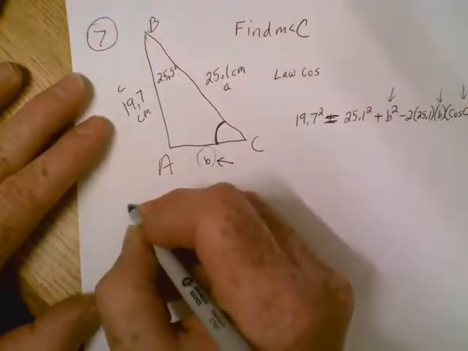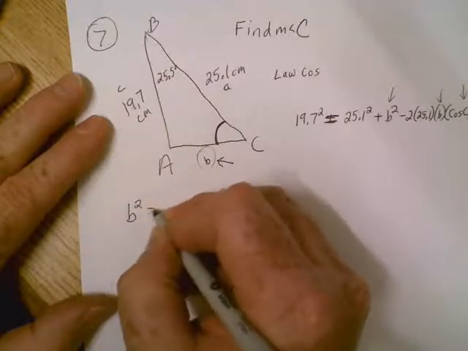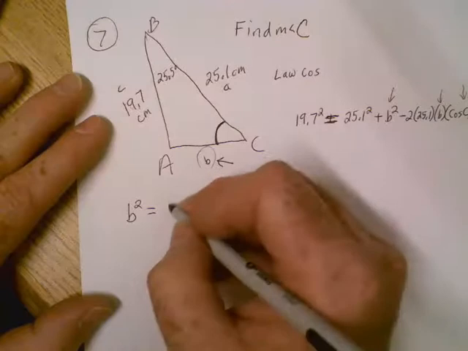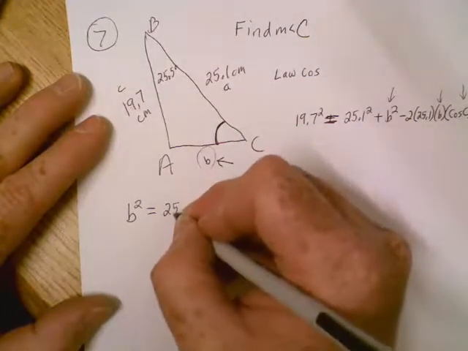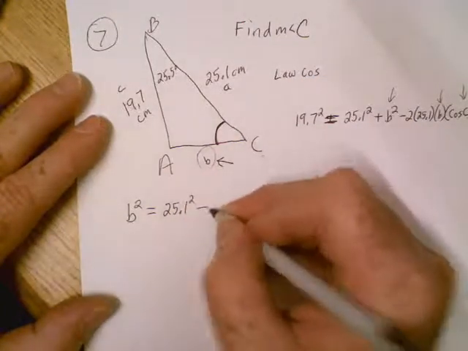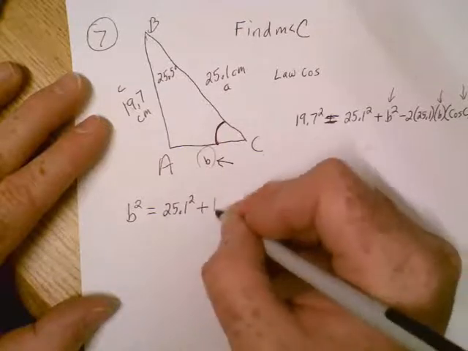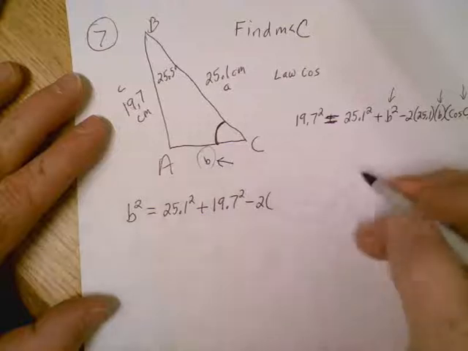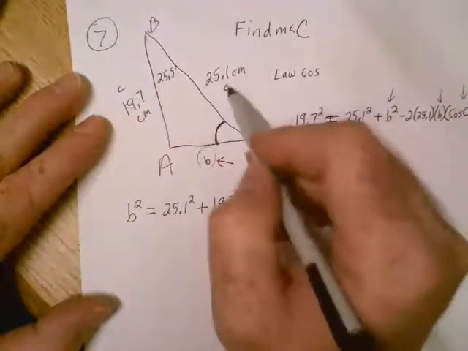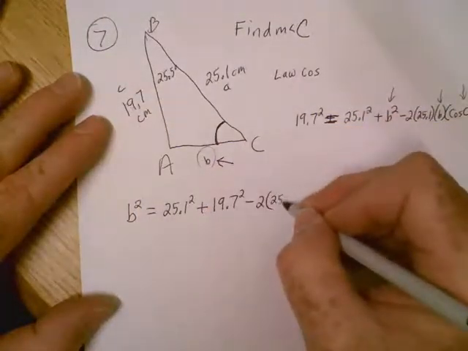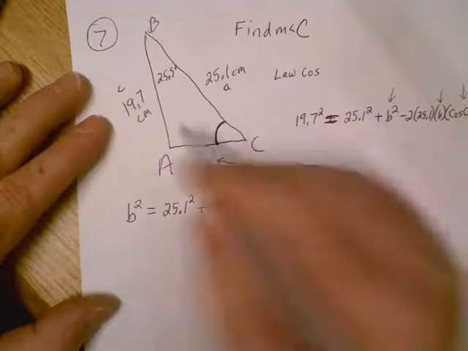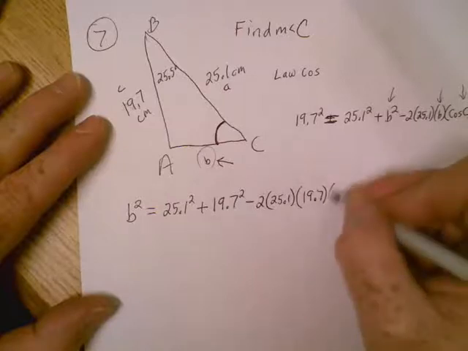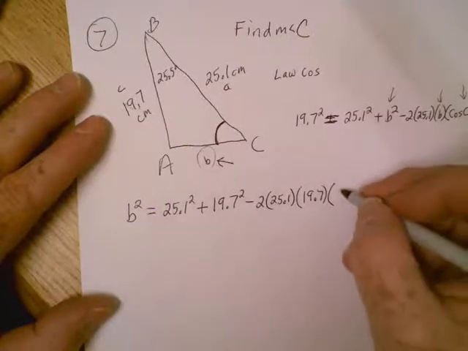When we set up the law of cosines using that, little b squared is going to be over on the far left all by itself. Then you've got little a, 25.1 squared, plus little c, 19.7 squared, minus 2 times little a, 25.1, times little c, 19.7, times the cosine.